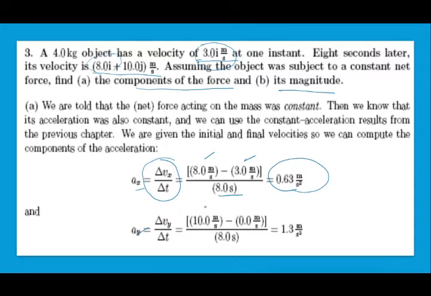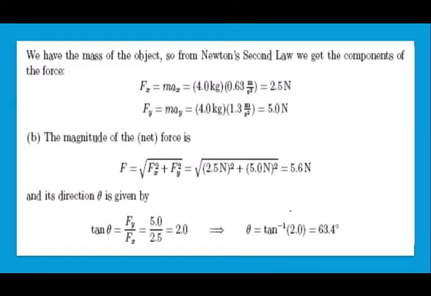Now, for the y component of acceleration, it is this. The 10, this is the 10. Then, in the first velocity, there is no j component. That's the reason why this is 0. So, minus 0 over 8 seconds. So, you will get 1.3 meters per second squared.